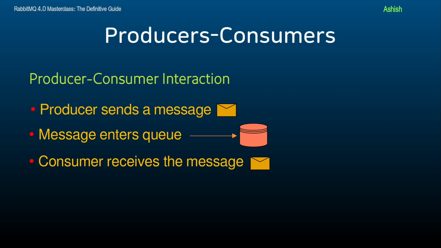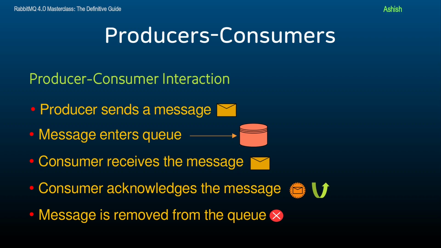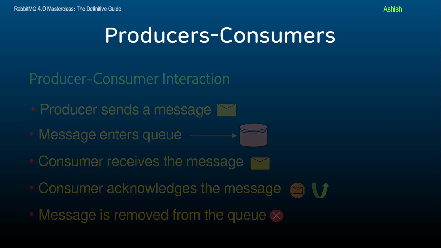Now, one or more consumers are listening to that queue, so when a consumer is ready, it retrieves the message and starts processing it. After the consumer processes the message, it sends an acknowledgement, an ACK, to RabbitMQ, confirming that the message was successfully handled. Finally, once the message is acknowledged, RabbitMQ removes it from the queue, completing the transaction.